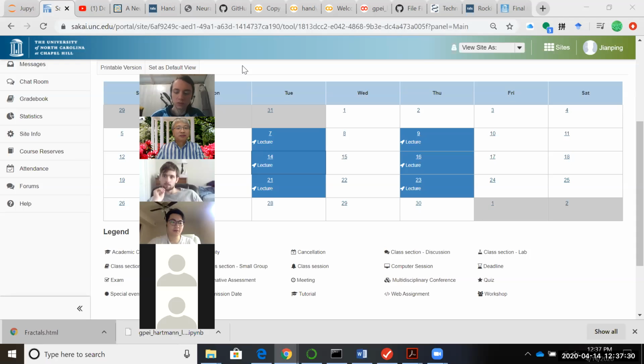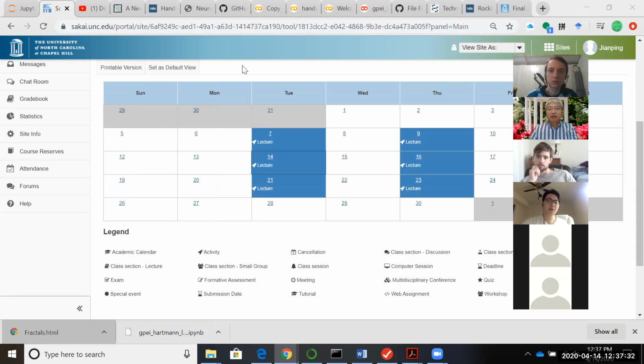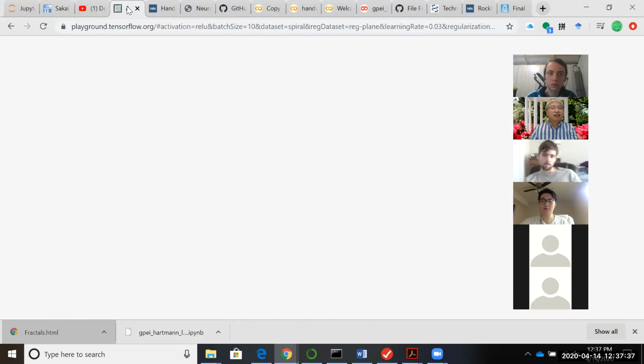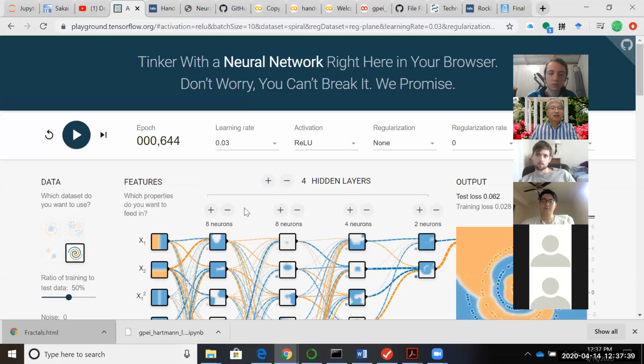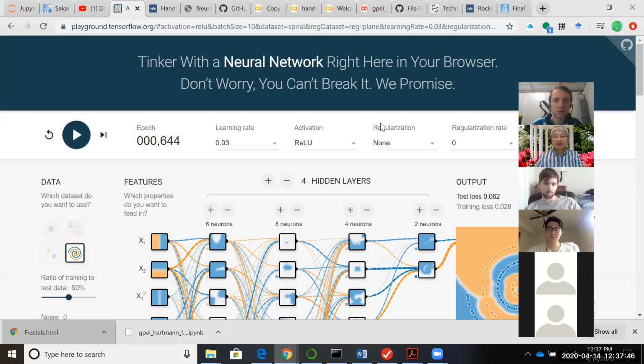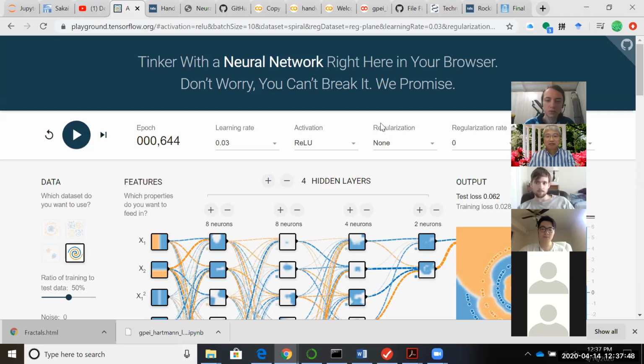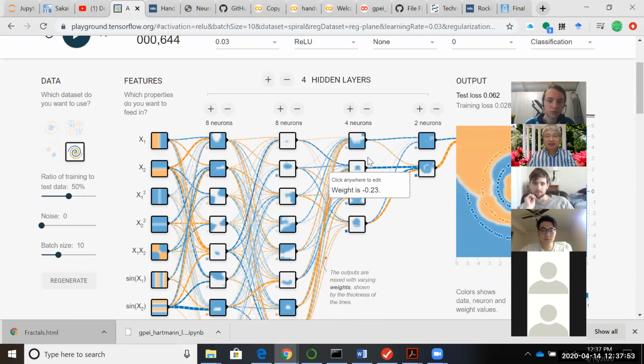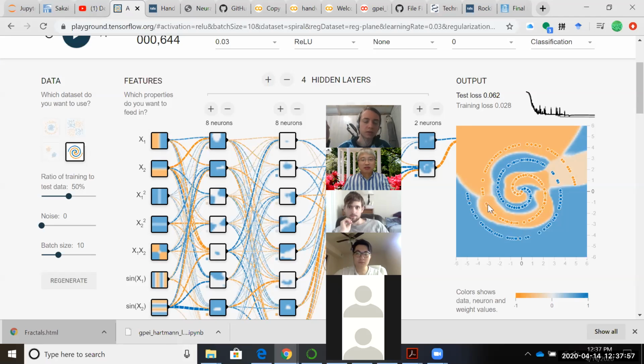Now, any of you tried out the challenge task with this playground? I messed around with it a little bit, but nothing much came out of it. Was anybody successful in coming up with a configuration that is able to classify this?